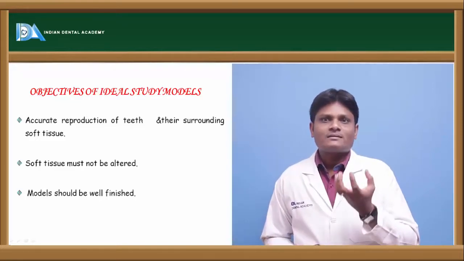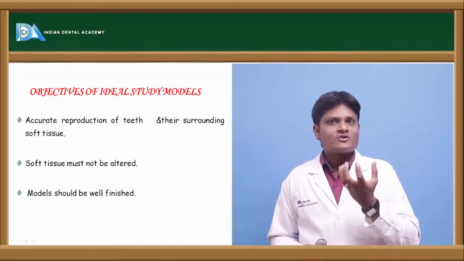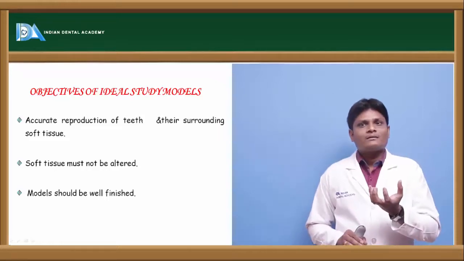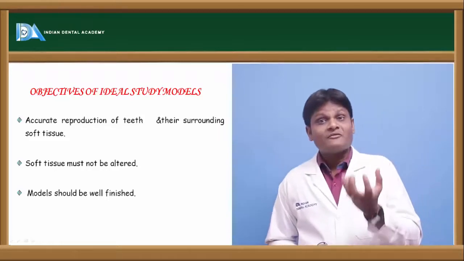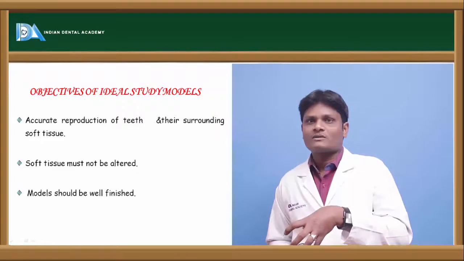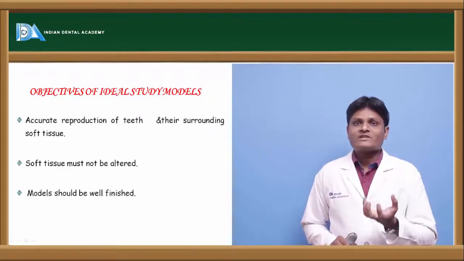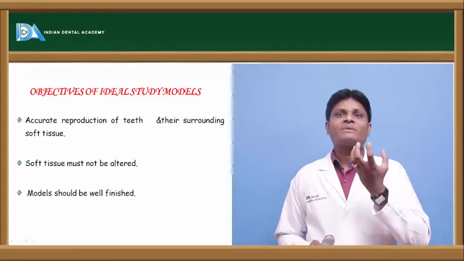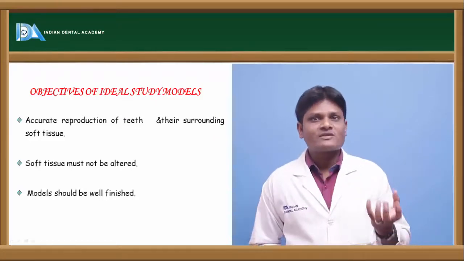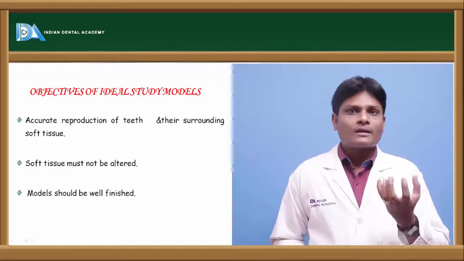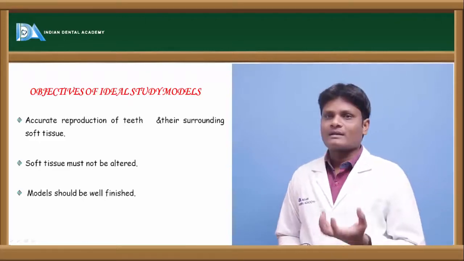The exact anatomical structures should be recorded in the manner in which they are present in the patient's mouth, and the study models should be well finished and polished so that they can be preserved, and in the course of preservation they won't undergo any kind of changes like tarnish.